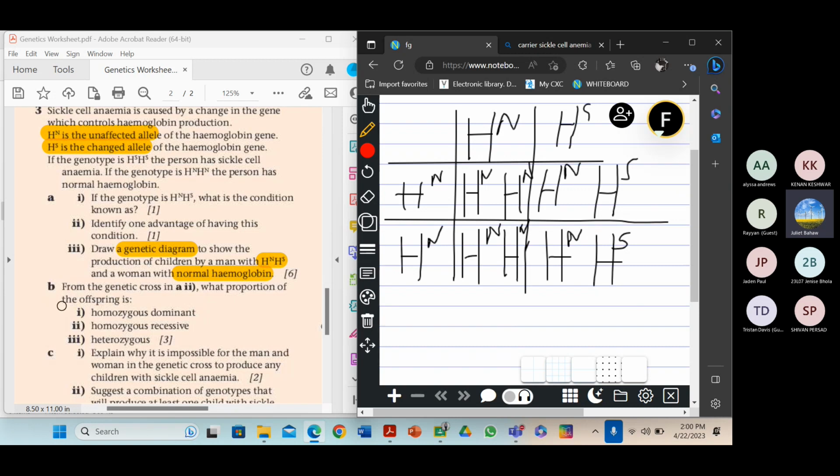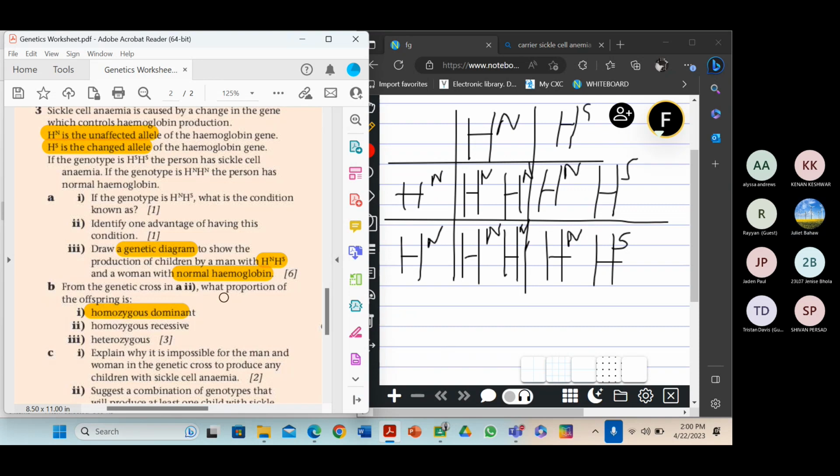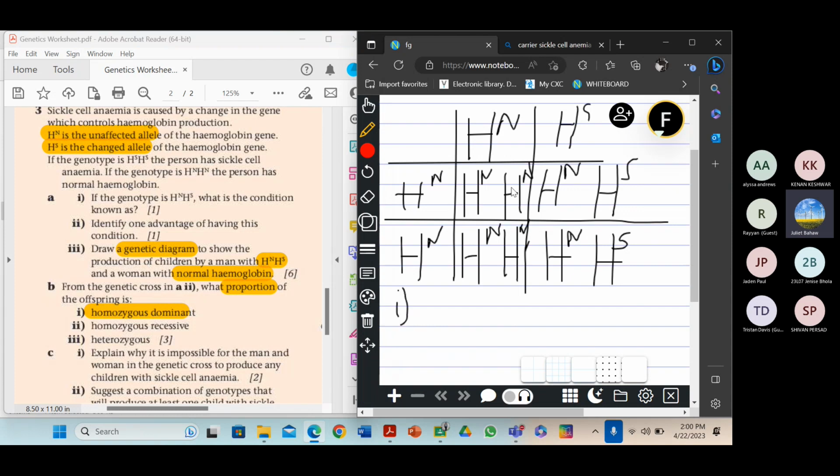So here they are saying from the cross, what proportion of the offspring is homozygous dominant. Let's see. Homozygous dominant. Take a proportion. You could represent proportion as a percentage or a fraction. So part 1, what percent?